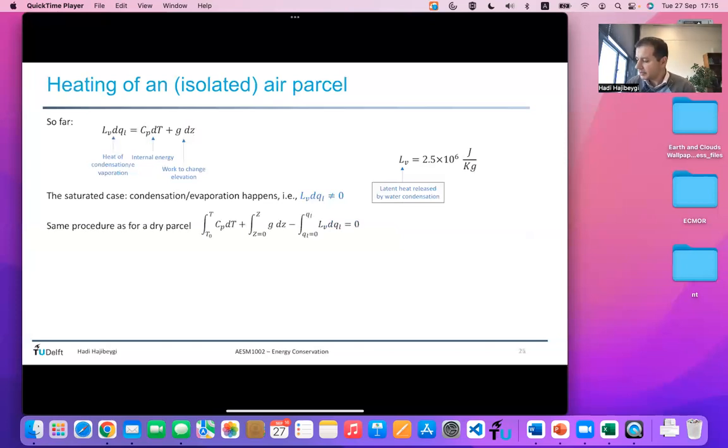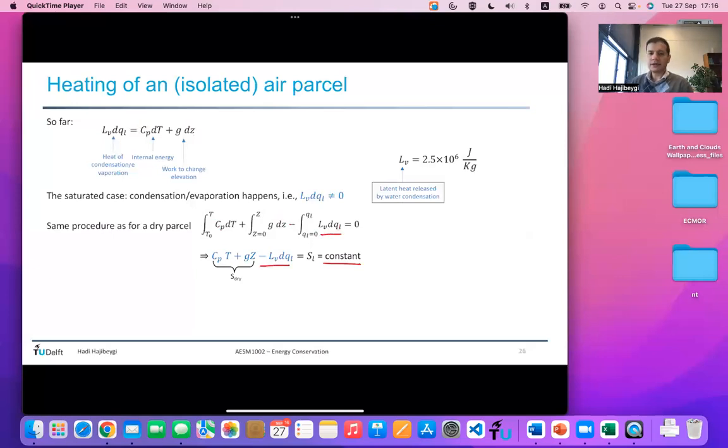So in my previous integral, I am now also including the latent heat related to phase change, related to condensation. And I brought the Lv dq to the other side, so that's why it has a negative sign here now. And I do the mathematics of it. Cp dT integral is CpT. Constants will go all the way to the right-hand side. Then I have gz. Then I have Lv dq with the negative sign.